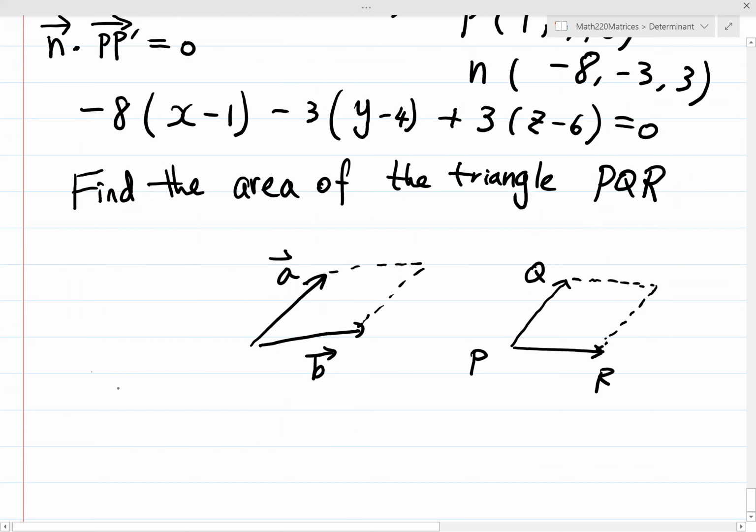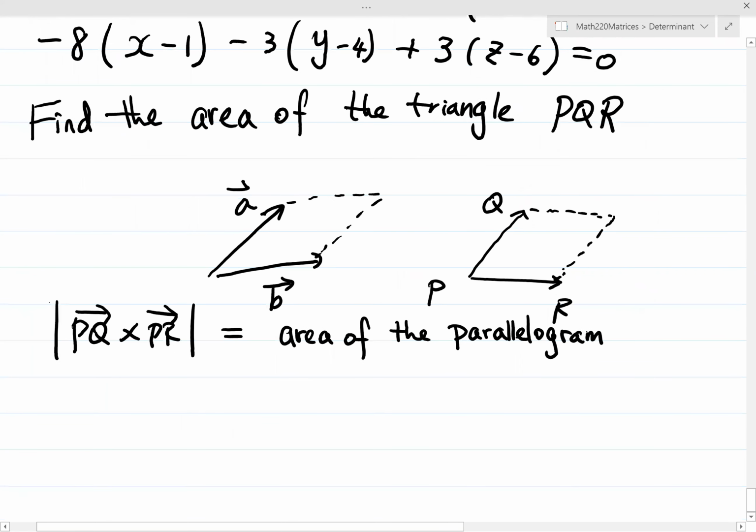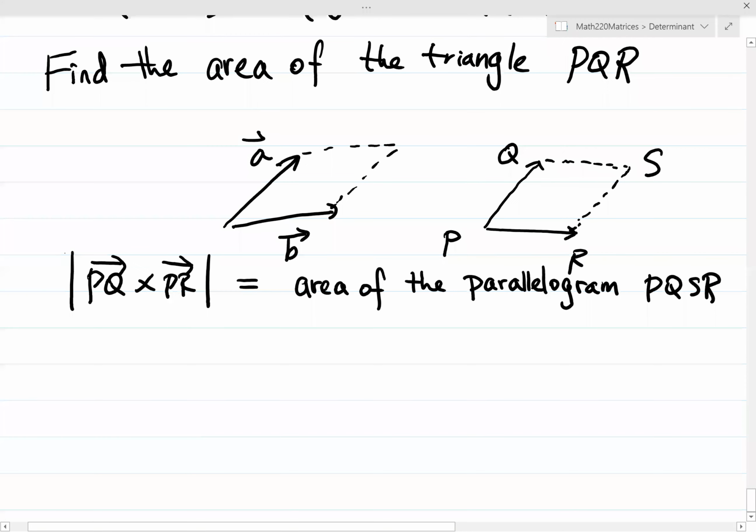So the norm of PQ cross PR is the area of the parallelogram determined by PQ and PR, say the parallelogram PQSR. To get the triangle we need to divide by 2.